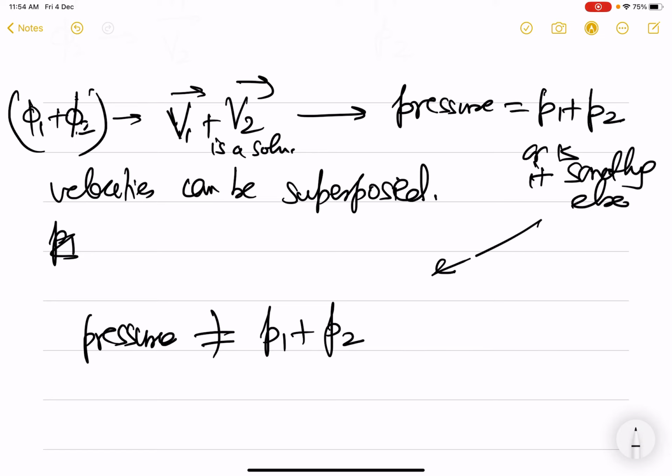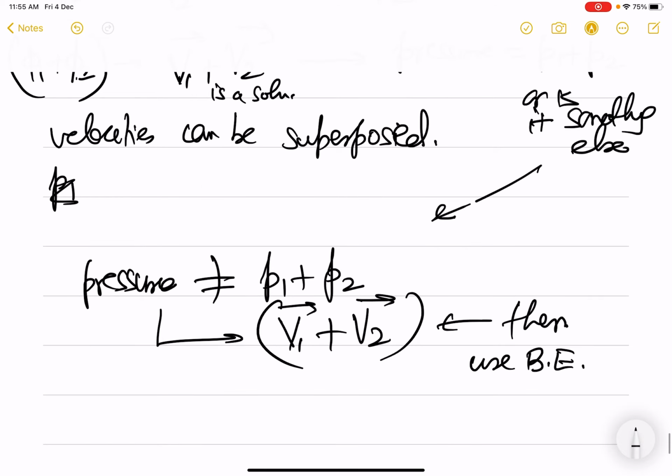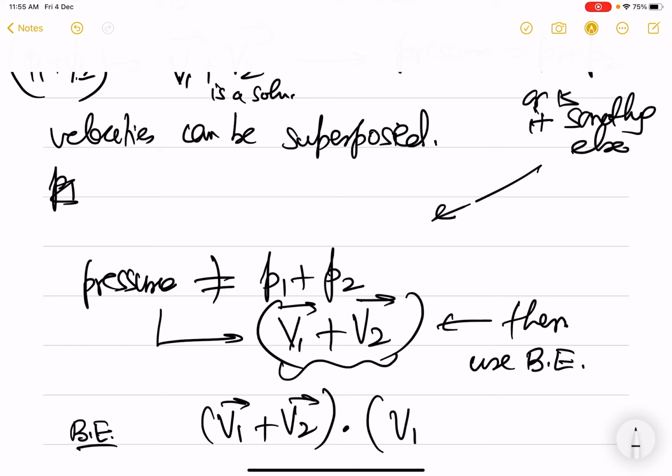To find pressure, you first superpose v1 plus v2 and then use Bernoulli's equation. That will give you the pressure, because when you use Bernoulli's equation, you will have v1 plus v2 dotted with v1 plus v2.